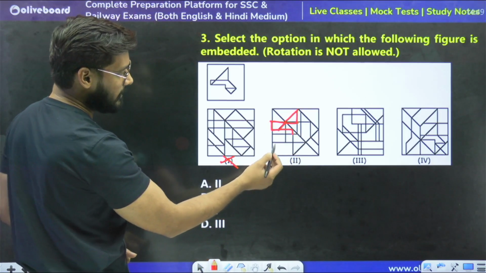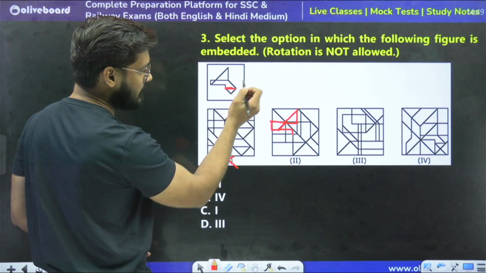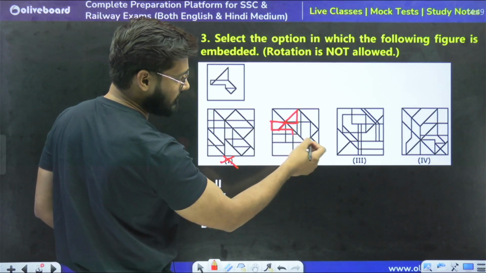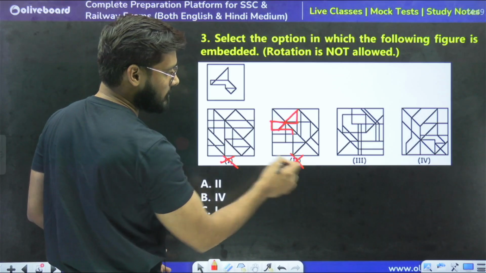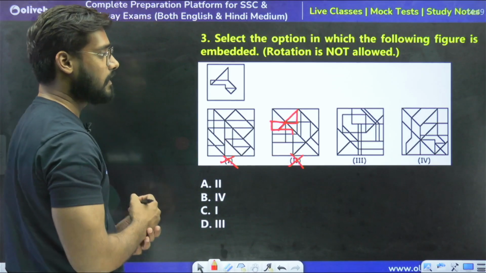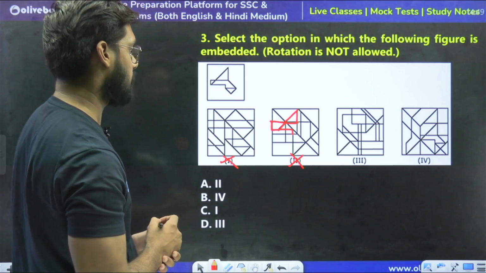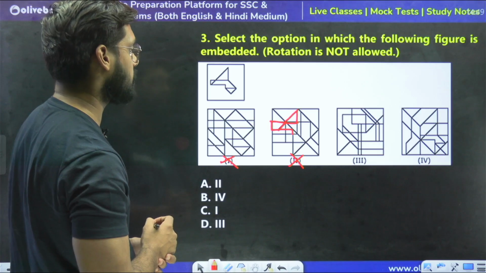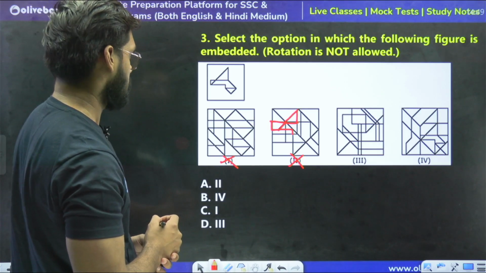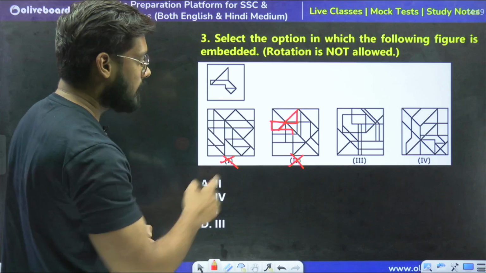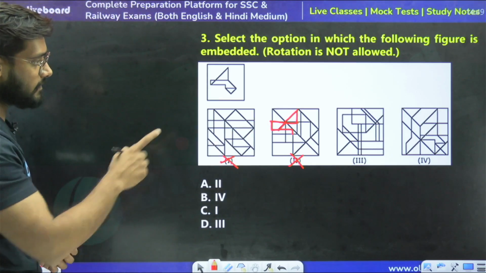But after coming downwards, we need this line. We need the base of the triangle, which is not given. Hence 2 is also wrong. Let's see the third one. How can we get the answer from the third one? I can see the answer in the fourth one.